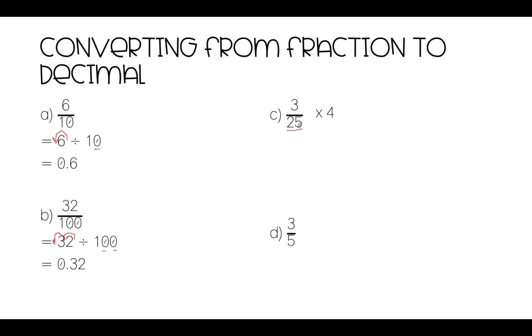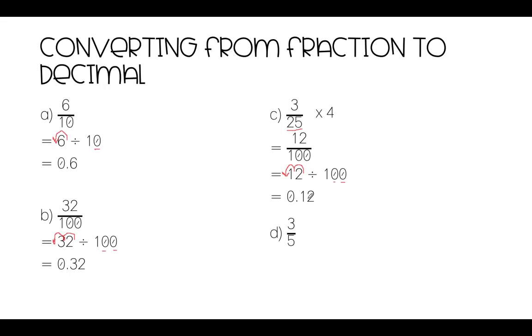Now remember, what you do to the bottom or to the denominator, you must do to the numerator as well. So we end up with 12 over 100. So we're going to divide 12 by 100. There's 2 decimal places, so we end up with 1, 2, movements to the left, so we end up with 0.12.